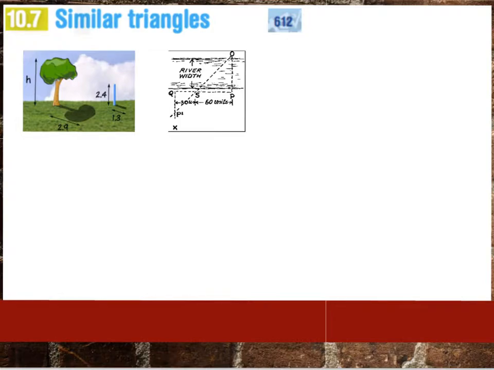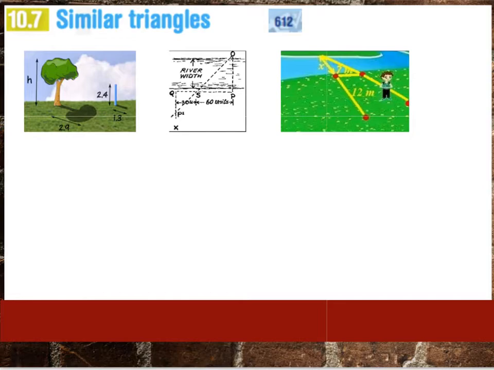Even better than that, you got two methods to calculate the width of a river, which means you can measure two rivers at the same time using two different methods. How cool is maths? I'm not going to tell you how now. You're going to find out for yourself when you get to the problem solving questions of this 10.7.